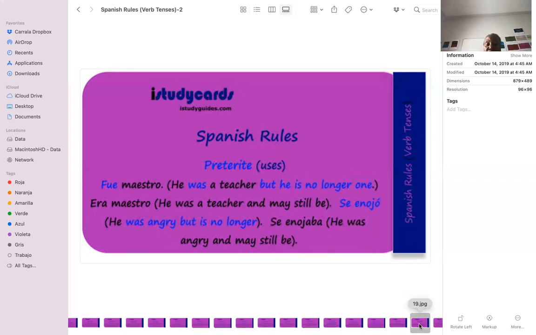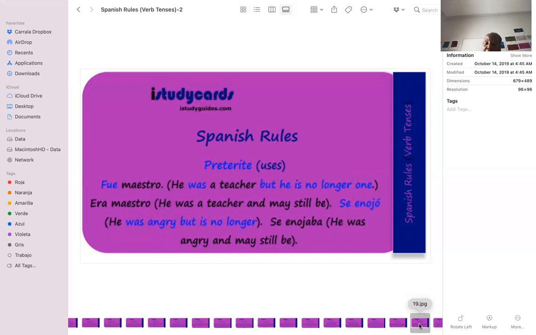Okay. And then we talked about the difference between fue maestro versus era maestro. In English, the idea would be that he was a teacher, fue maestro. He was a teacher, but he's not a teacher anymore. Era maestro, we haven't talked about the imperfect yet, but era maestro is the imperfect of the verb to be, ser. It was, when you're talking now about him, you're saying he was a teacher.